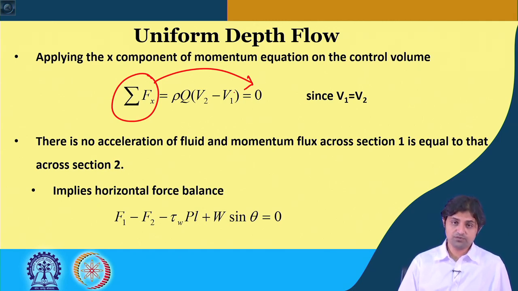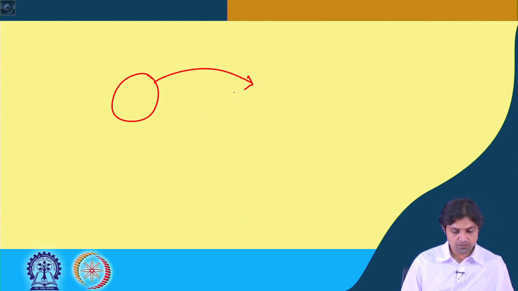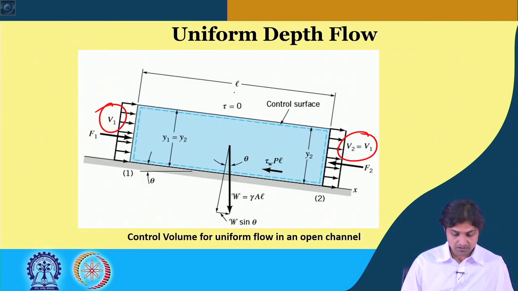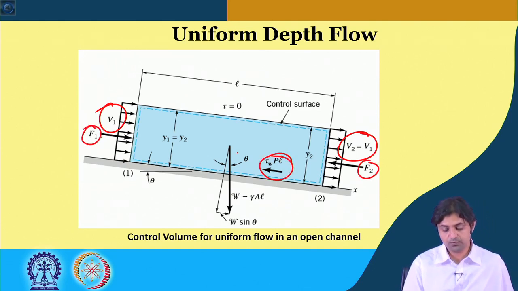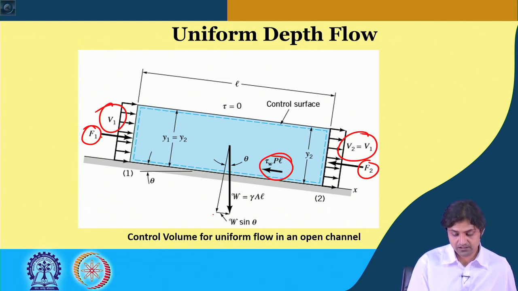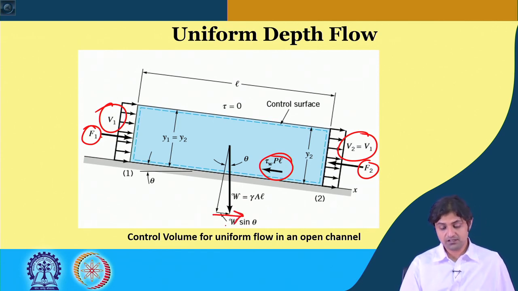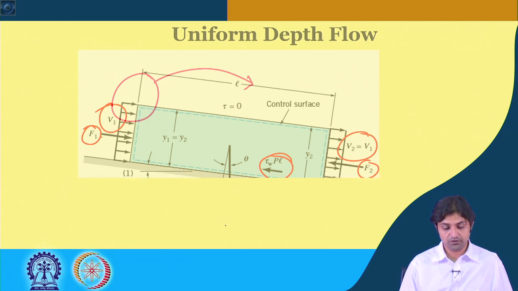If the shear stress at the bed is tau w, that will be acting against the flow, so it will be in the negative direction, and the weight component of sin theta will be in the x direction, towards the flow direction. Just taking you back to this, you see here F1 minus F2 minus tau w P L, and this component, W sin theta, is supporting the flow.